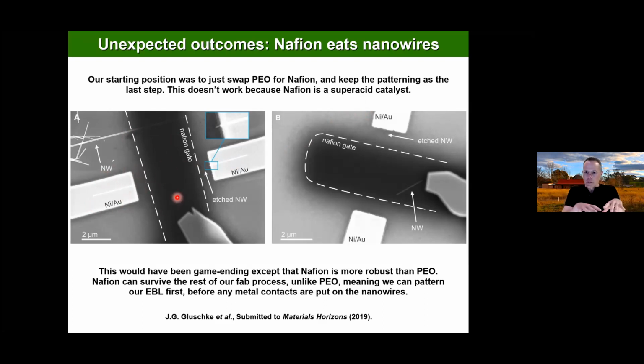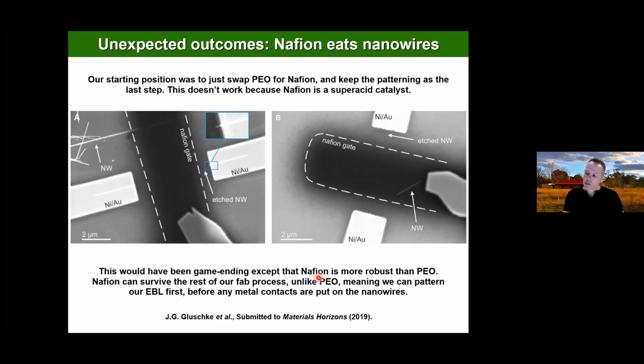So we basically had to change our entire fabrication strategy to make these, because in the original set of devices we made with polyethylene oxide, the polyethylene oxide was the last material we dealt with in the fabrication process, and that was because it was water soluble. Water soluble, but also alcohol soluble. So every other process in the fabrication route would destroy polyethylene oxide.